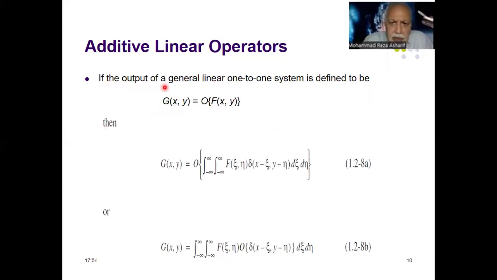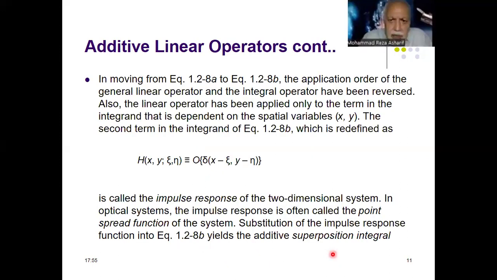If the output of a general linear one-to-one system is defined to be g equal to O{f}, then the operator over this integral can be written as this one. And this is the impulse response of the two-dimensional system.